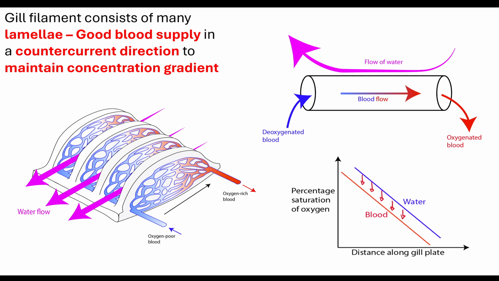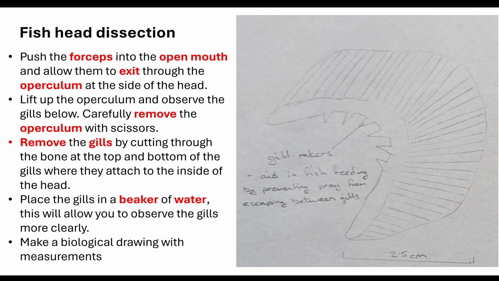That ensures that the oxygen is always going to diffuse from the water into the blood. Now, the fact that the gill plates are actually touching at the end, the fact that they're so close together, slows the flow of the water down across the gill arches and therefore maximizes the efficiency of that exchange.